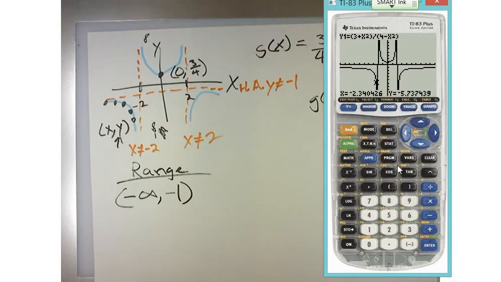If I keep going this way, what is my y value doing? Decreasing. How far would that go? All the way to negative infinity. Now if I come back this way, what is my y value approaching? Totally ignore the x and look at the y. What is it approaching? Negative 1.